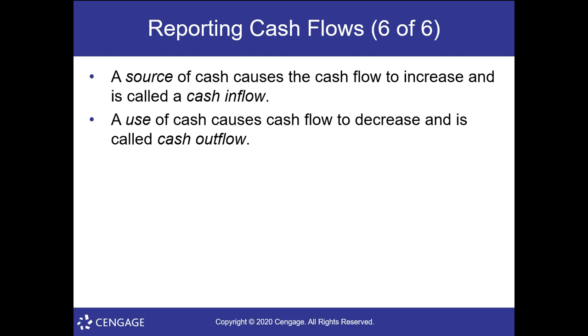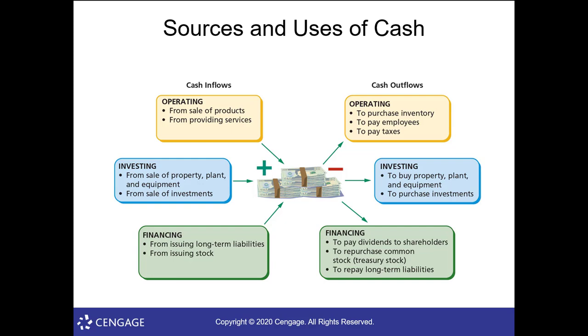So we're going to be addressing cash inflows and cash outflows. Under operating, cash inflows are from the sale of products and services. Cash outflows are to buy the inventory for retail, merchandising, and manufacturing entities, pay employees, pay vendors, and pay your taxes. Investing inflows are from the sale of property, plant, and equipment or investments.